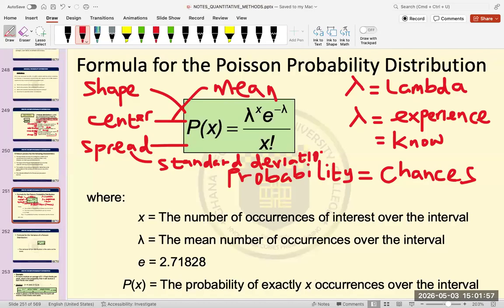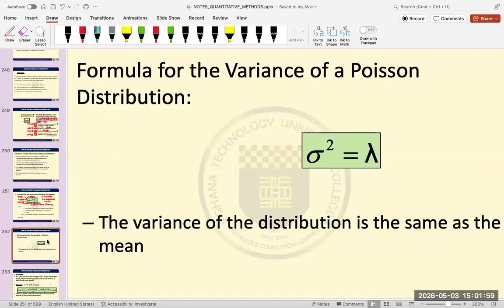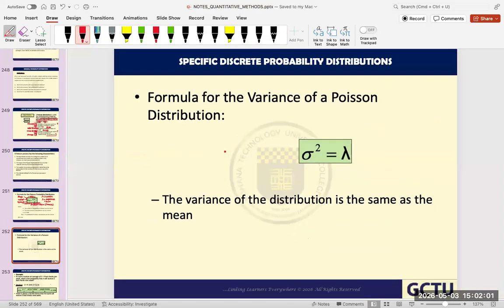All right. This looks very simple. In fact, for the Poisson, the formula for the mean is the same as the formula for the standard deviation.